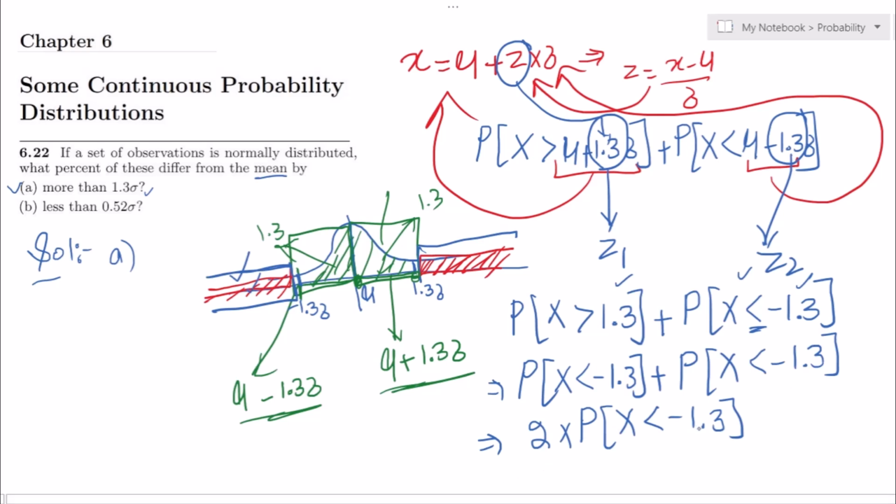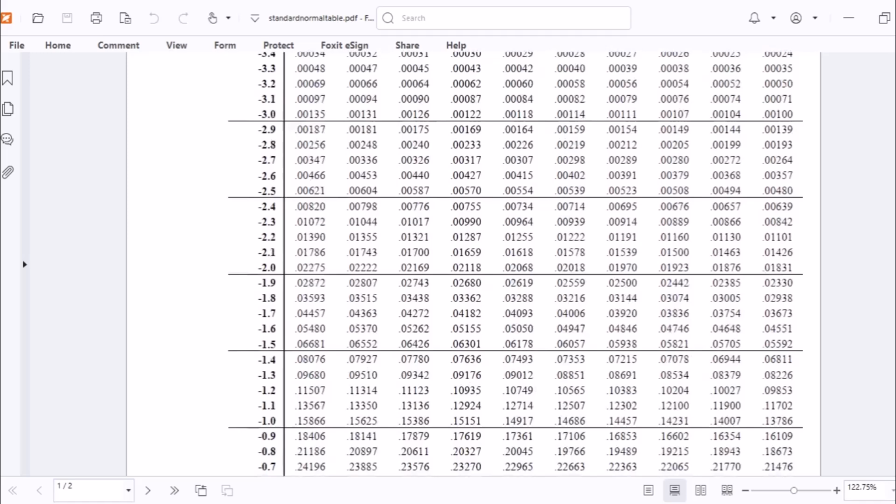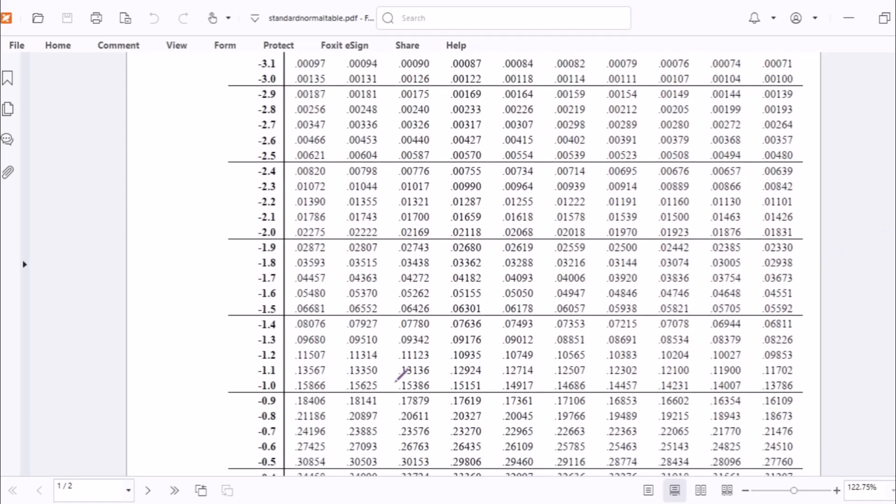Now this is in the z distribution, and in order to find this probability, we can move to the z distribution table where we find the probability that x is less than minus 1.3. So let us move there. So x less than minus 1.3, here it is.